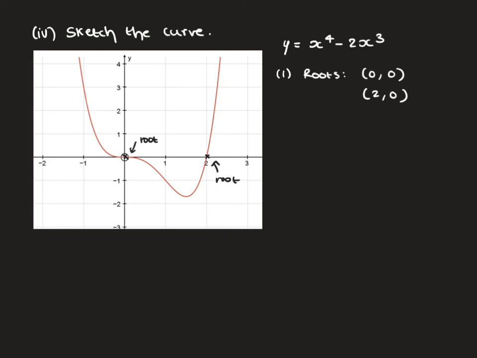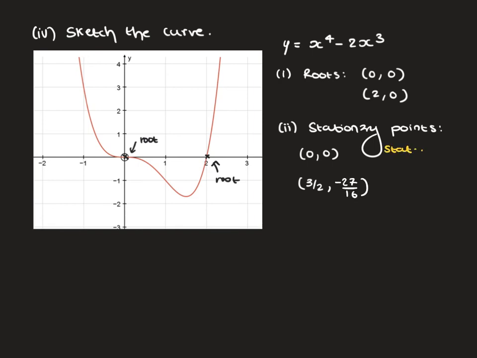Now, in the second part of the question, we identified stationary points. And where did we identify stationary points? We identified stationary points at 0, 0, which was, of course, a stationary point of inflection. And you can see that there.